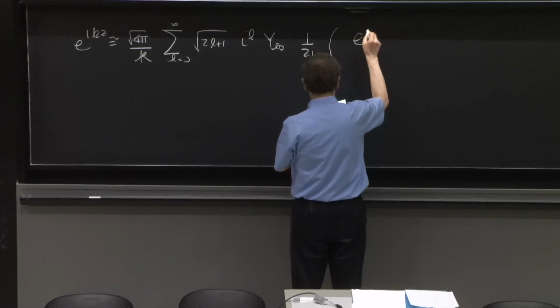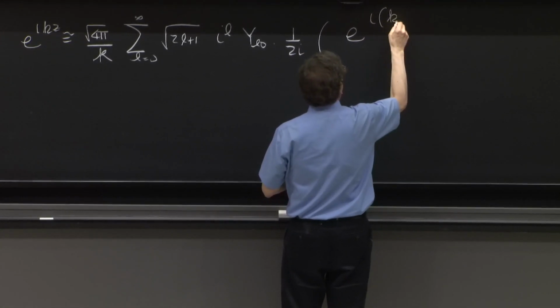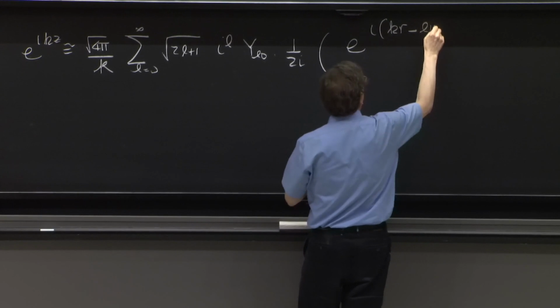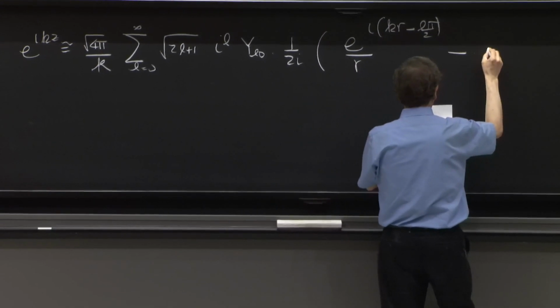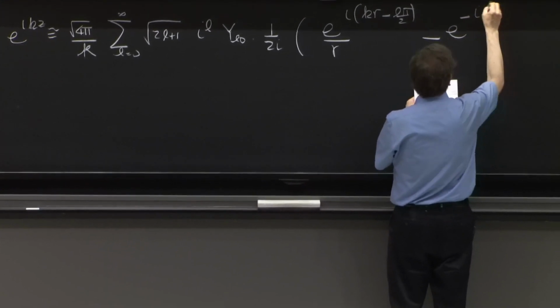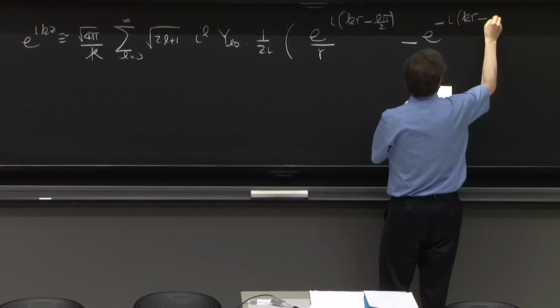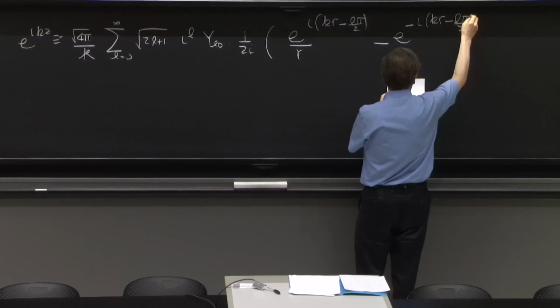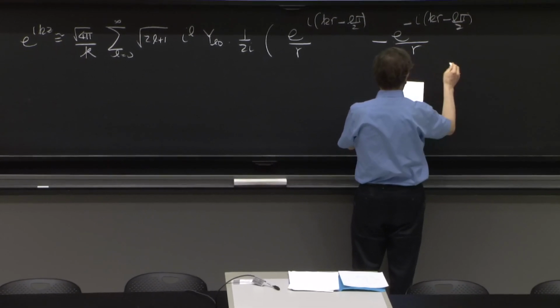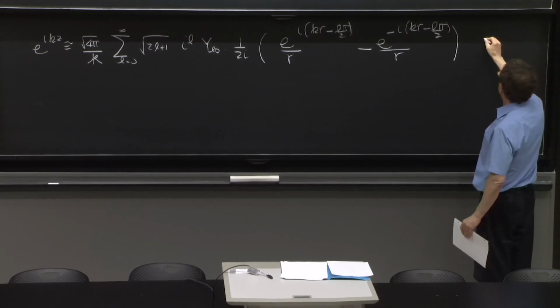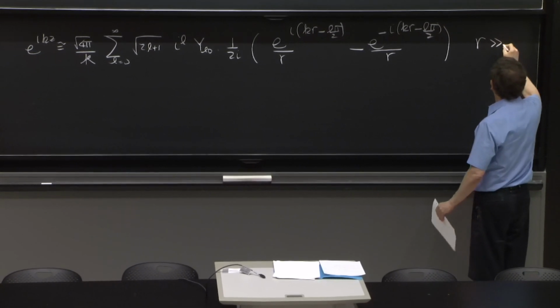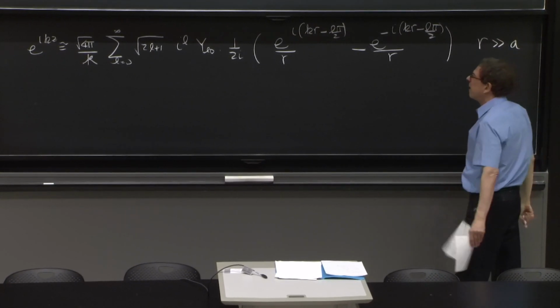And then you have e to the i(kr minus L pi over 2) over r minus e to the minus i(kr minus L pi over 2) over r. And this is valid for r much bigger than a.